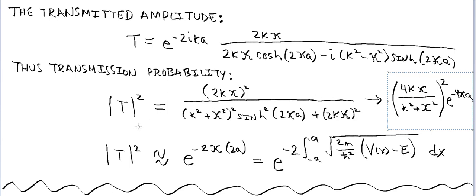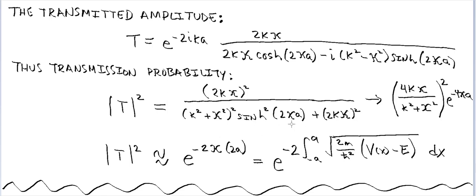So bear in mind that this is a really and truly rough approximation. But I can write e to the minus 4 kappa a as e to the minus 2 kappa times 2a, right? Just split the 4 into minus 2 and 2.